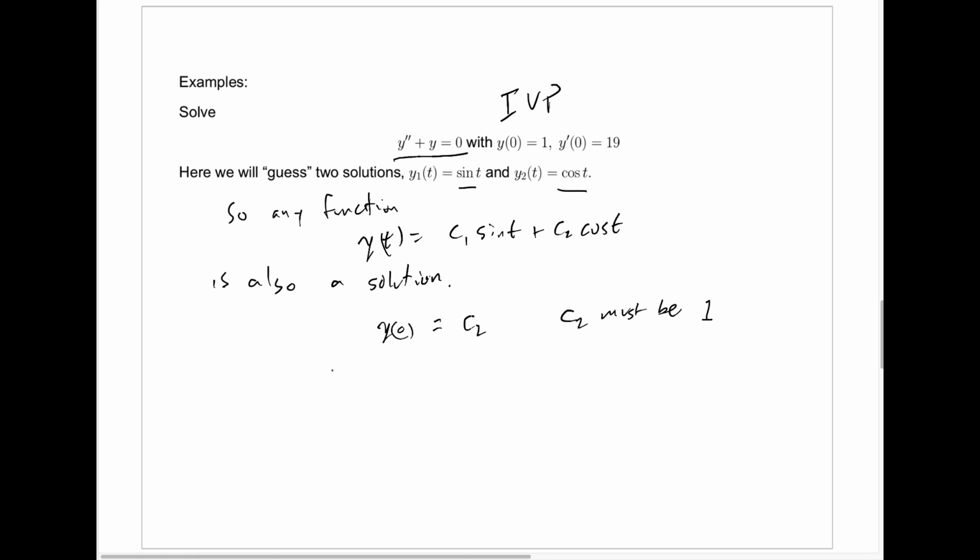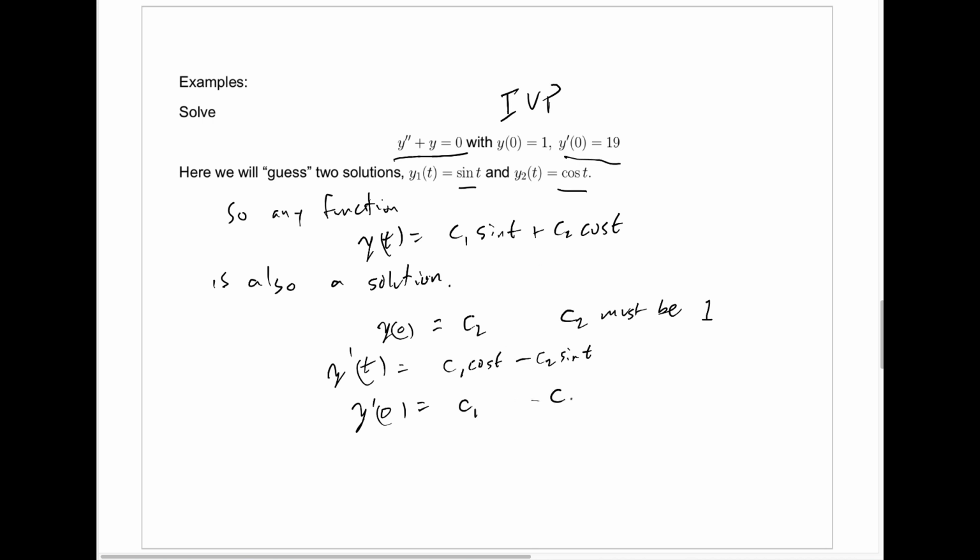What is y prime of t? y prime of t is c1 cosine t minus c2 sine t. So when I plug in 0, I see y prime of 0 is c1 times 1 minus c2 times 0. So that's just c1. And y prime of 0 has to be 19.